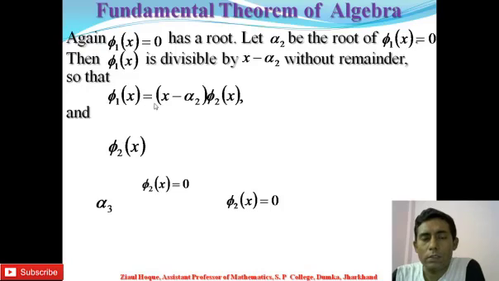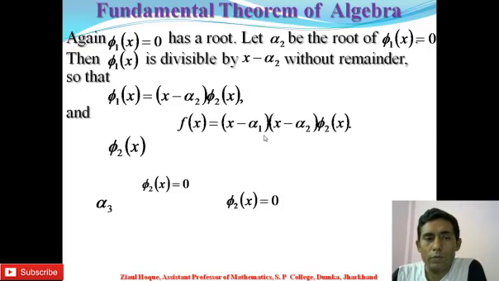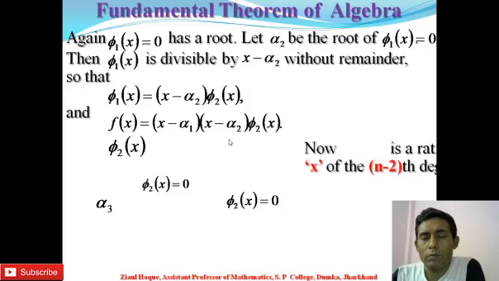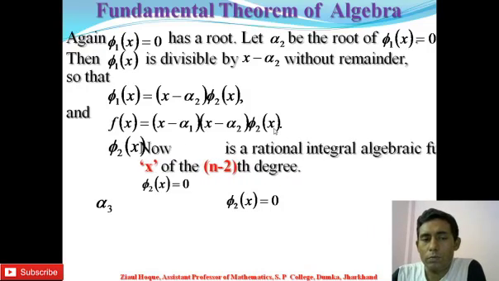phi 1x is equal to x minus alpha 2 into phi 2x, and therefore f(x) is equal to x minus alpha 1 into x minus alpha 2 into phi 2x.